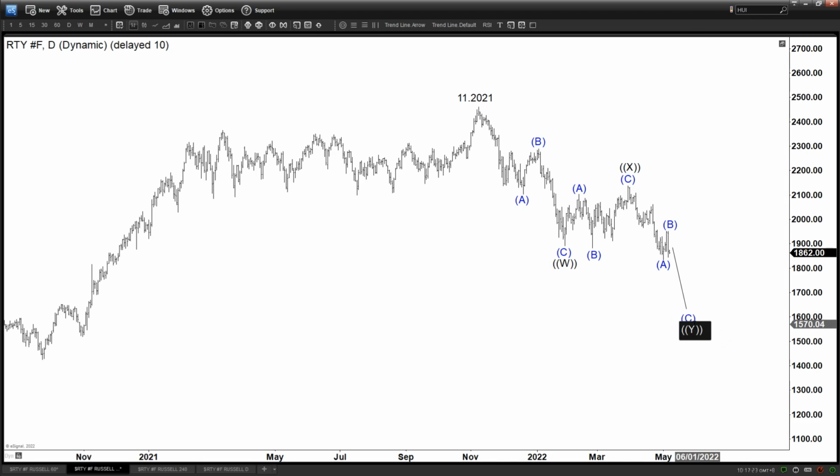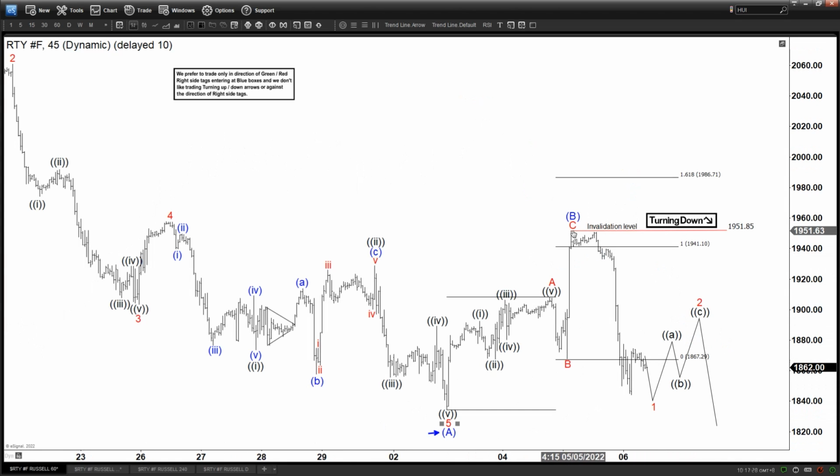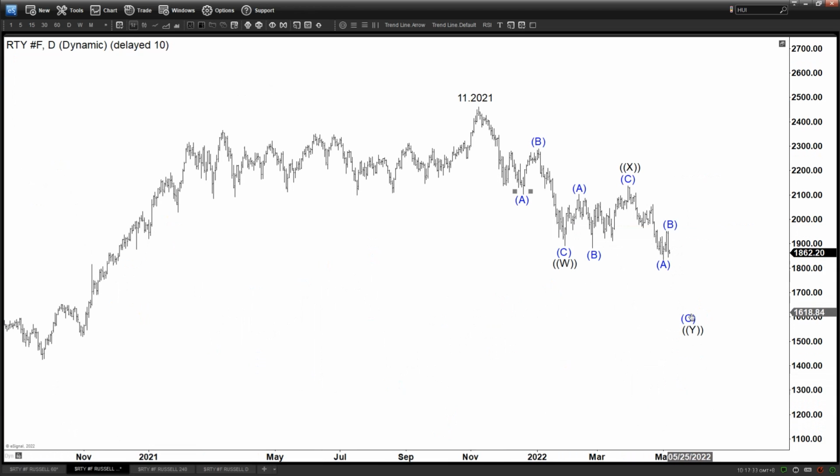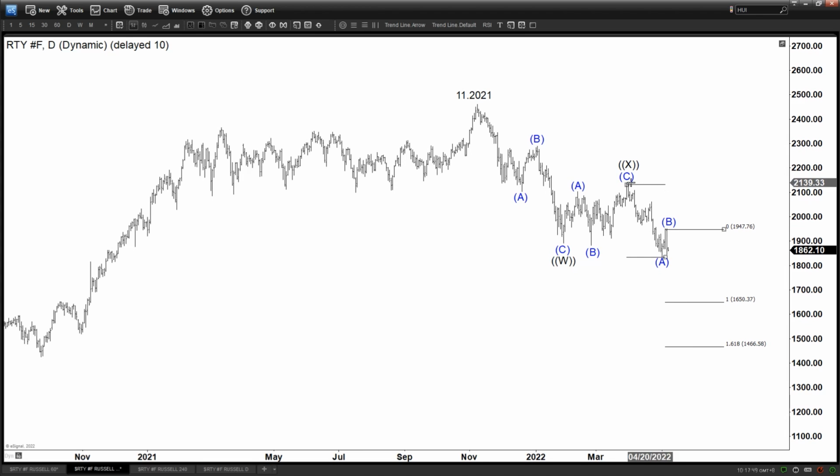And so if we have started the C after just a brief 3 swing rally post FOMC and then starts to break down again, potentially we could be looking for extension lower to, let's take a look here, the C equal to the A at 1650, right, as the next potential target on the downside, which is the C equal A, right?